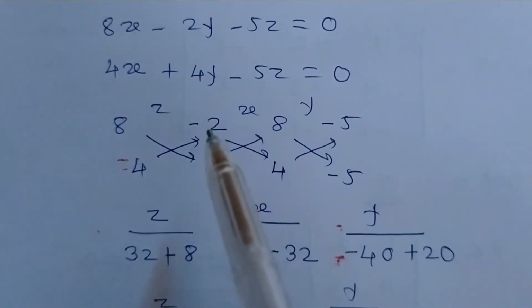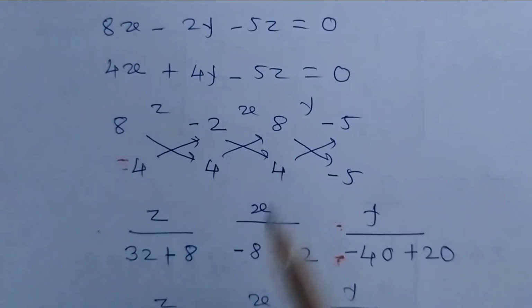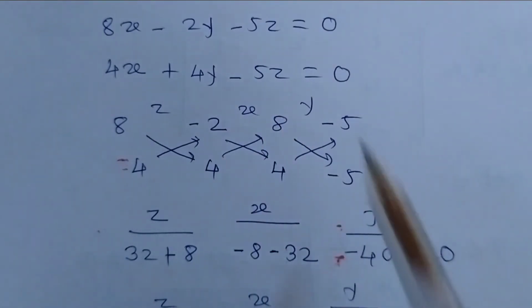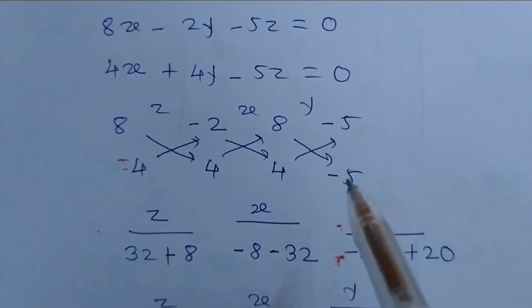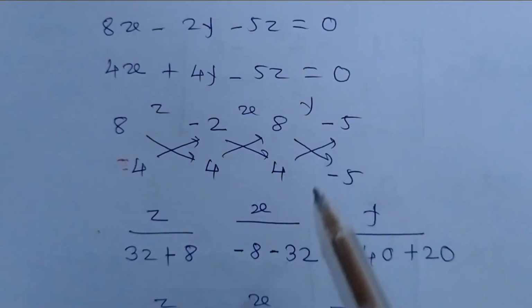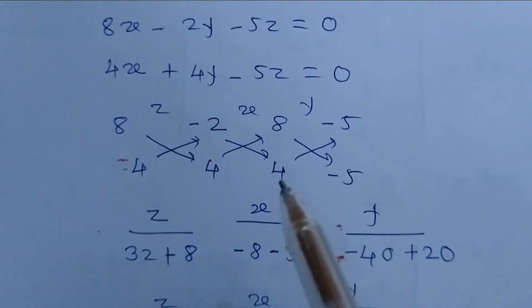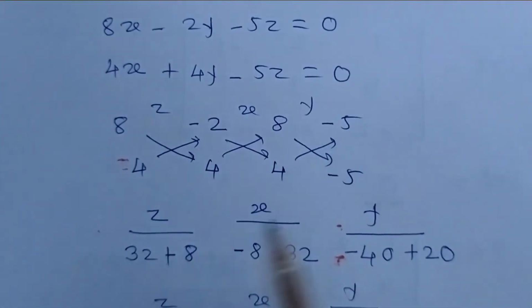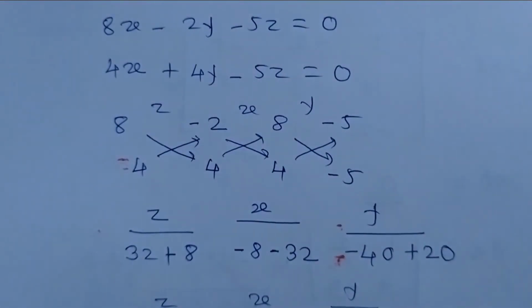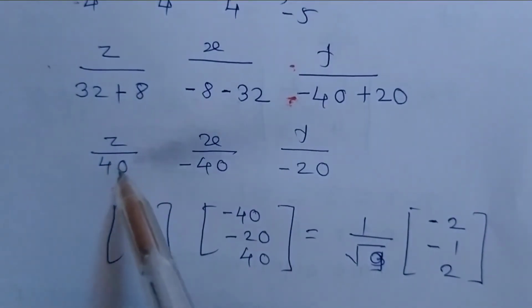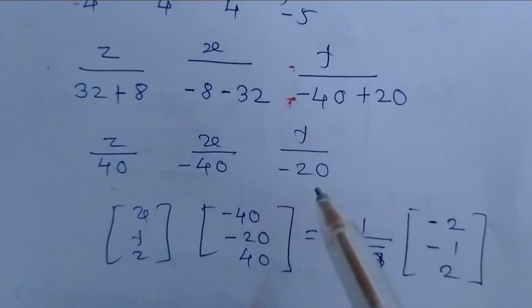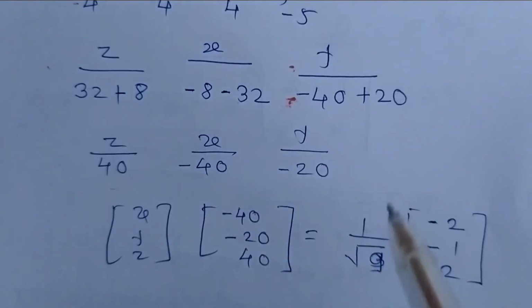The value of x is -2 into -5 minus... that is -40 as computed, and the value of y is -5 into 8 is -40, minus 5 into 4 is 20, so -40 plus 20 is -20. So the value of z is 40, the value of x is -40 and the value of y is -20. So x, y, z is (-40, -20, 40), and normalizing gives 1 upon under root a square plus b square plus c square.